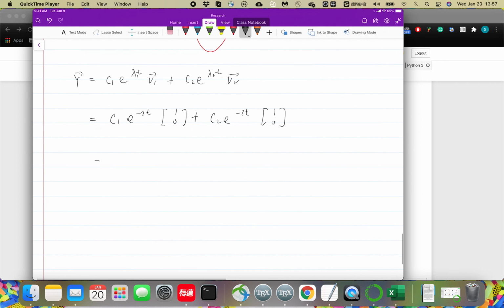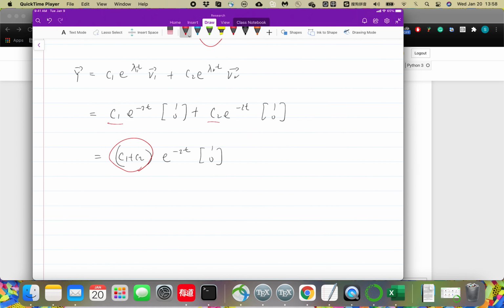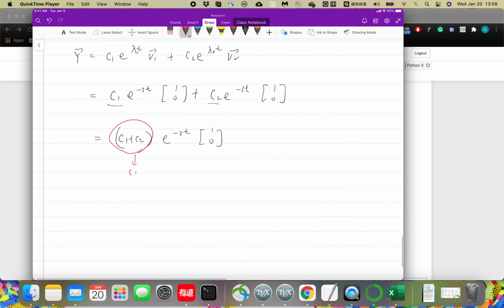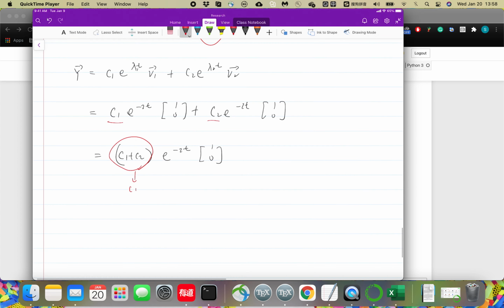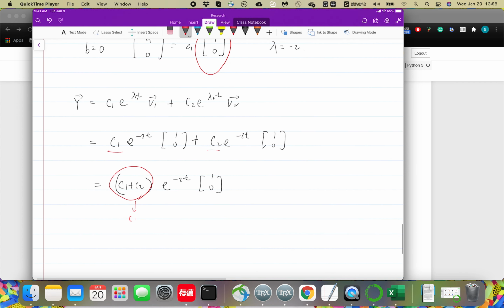But then that is nothing but (C1 plus C2) e to the negative 2t times (1, 0). So even though it seems like you have two constants that you can vary, actually they got merged into one constant. But in order to solve this initial value problem, you need two real constants. Okay, so you are still one short of another solution. You need two solutions. That's where things go wrong. All right, so this cannot work.